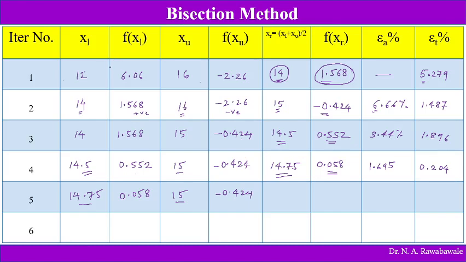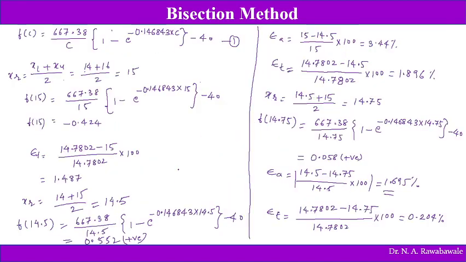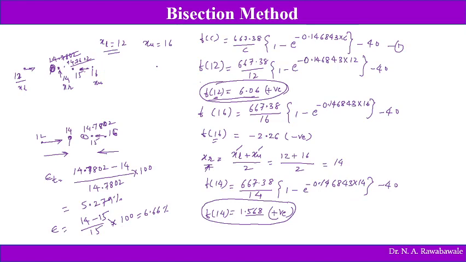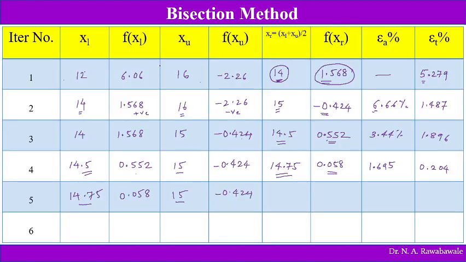XR is equal to 14.75 plus 15 divided by 2. The average of these two is 14.875. So the revised root or new approximation is 14.875.